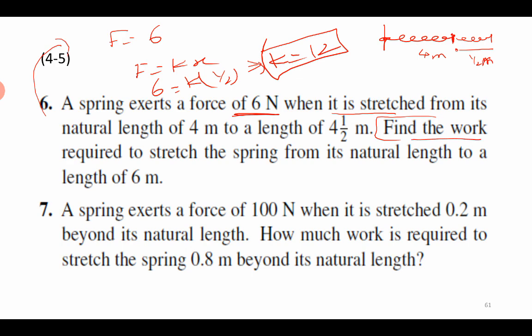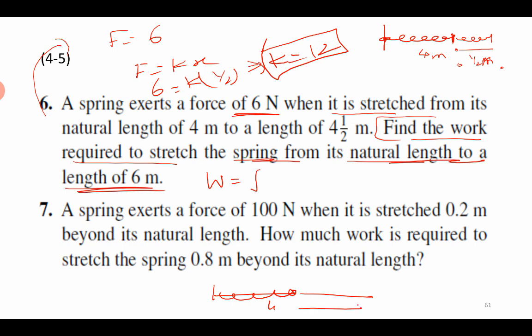So find the work required to stretch the spring from its natural length to a length of 6 meter. Actually, now we have to stretch the spring from 4 meter to 6 meter. This is the newly stretched length, 6 meter, isn't it?